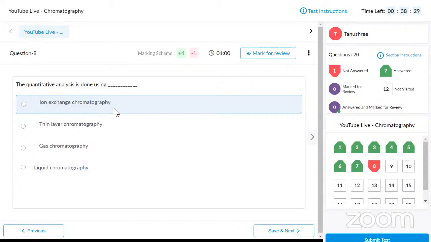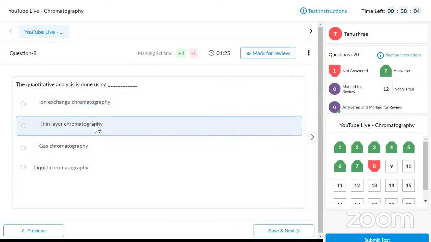So ICMS, that is ion chromatography MS, is a hyphenated technique where ion chromatography is coupled with your mass detector. So only in ICMS will your technique be able to quantify your analyte. This is just a simple ion exchange chromatography, which will strictly do a qualitative analysis rather than a more specific quantitative analysis.